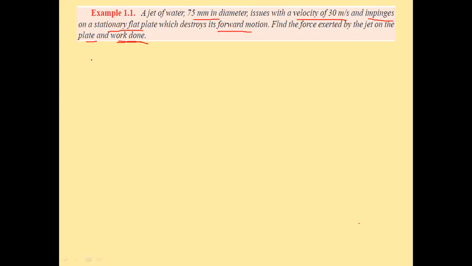I'm asking about the value. Zero. Yes, it will be 0. Why? Because the jet has struck on the plate, but as the plate is stationary, it has not moved. So as the plate has not moved, the work done by the jet on the plate is 0. There is no work done.